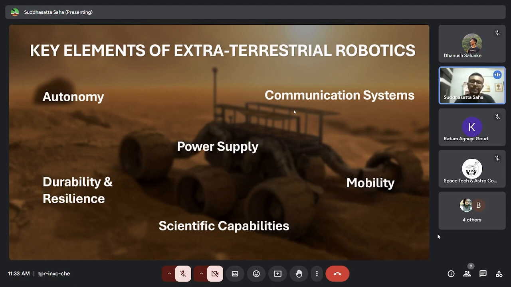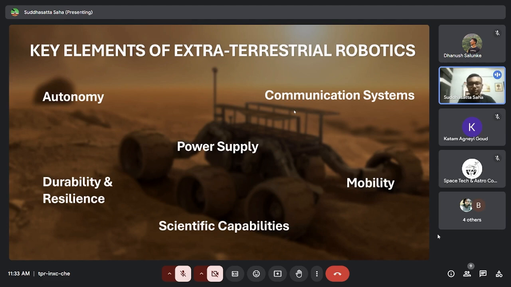Then I come to this aspect of mobility, which basically means deploying some sort of mechanism so that the rover can move. By that I mean, we engineers basically try to design such durable and sustainable mechanisms which are best suited and optimal for these harsh conditions.